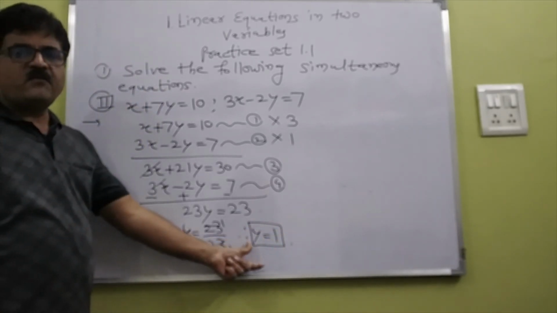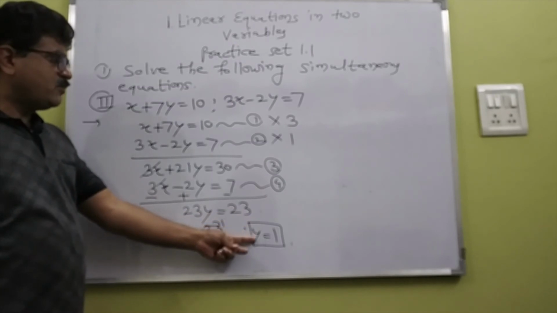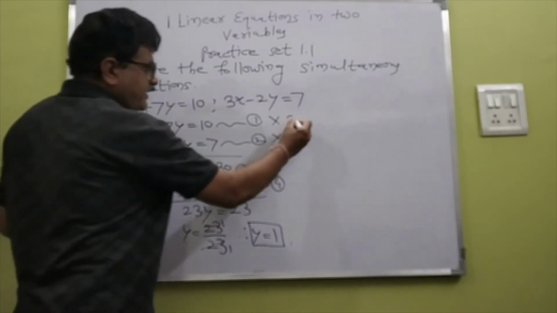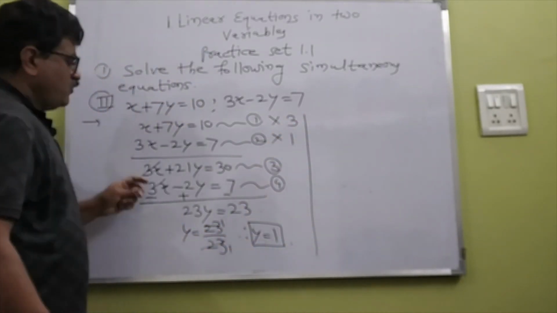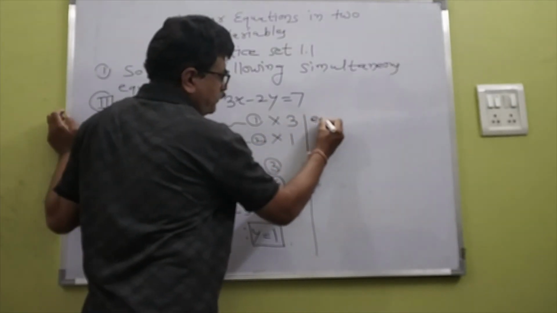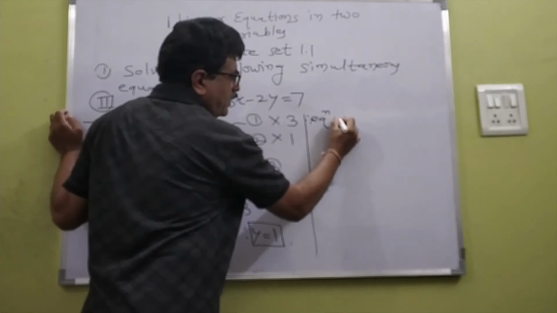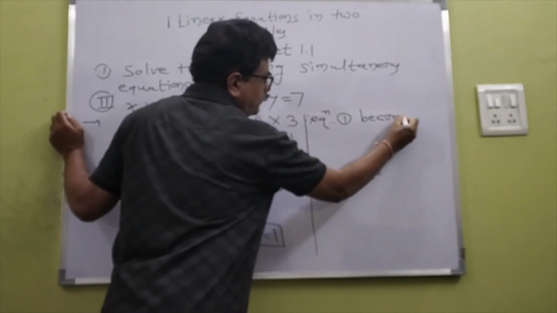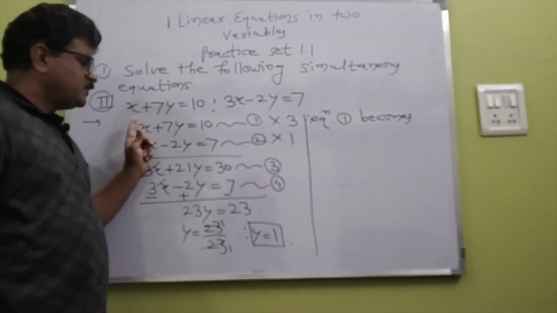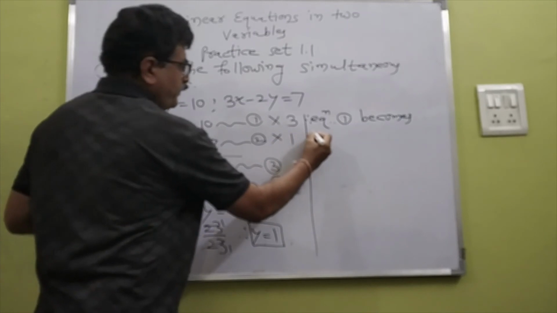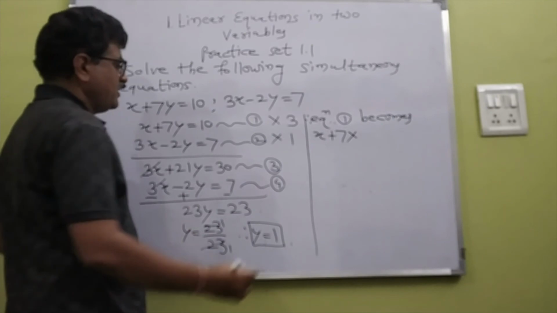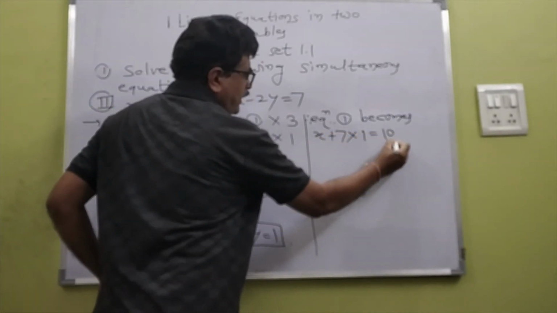The value of y is 1. Now put this value of y in equation 1, 2, 3 or 4, in whichever it is easier. Now we put the value of y in equation 1, that is x plus 7 into the value of y, which is 1, is equal to 10.